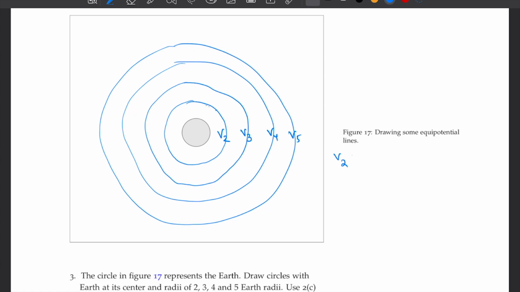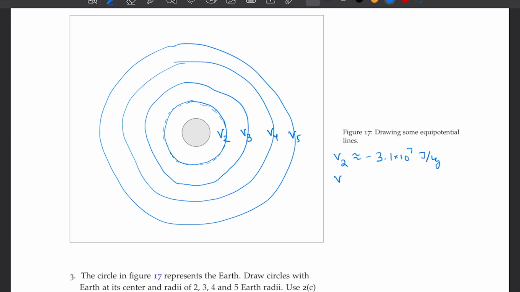V2, for instance, is around negative 3.1 times 10 to the 7 joules per kilogram at any given point on this circle, because all the points on this circle have the same distance from the Earth, so they all have the same potential. This is called an equipotential line, corresponding to negative 3.1 times 10 to the 7.